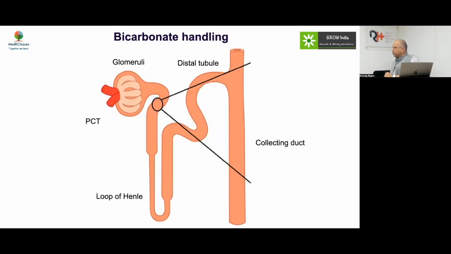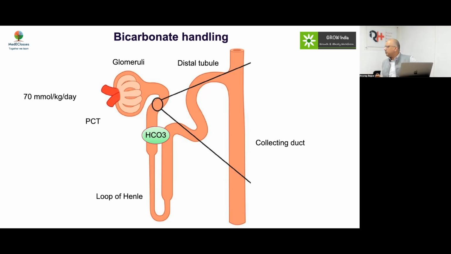So 90% of absorption happens in the proximal tubule. Bicarbonate, like sodium, potassium and glucose, is freely filtered via the glomeruli, and all of it goes into your proximal tubule. The proximal tubule is the major site of reabsorption of all these contents.